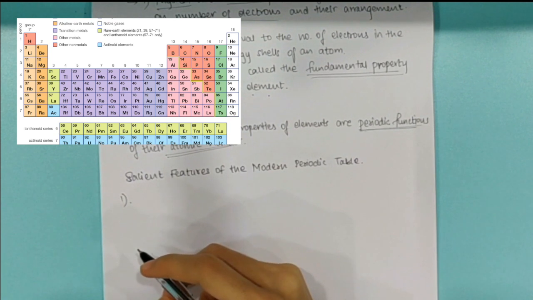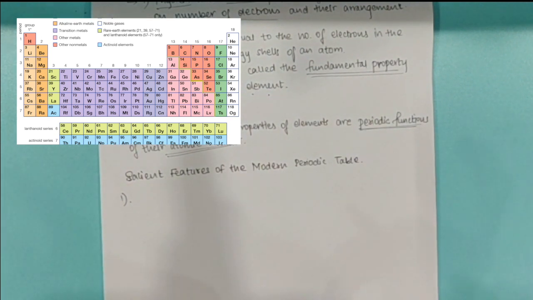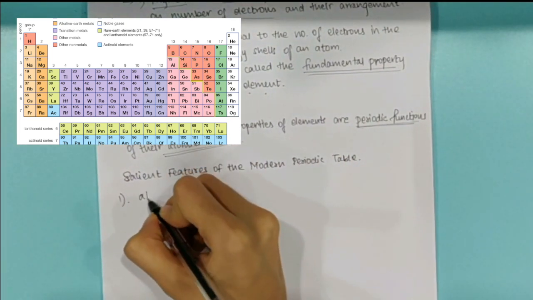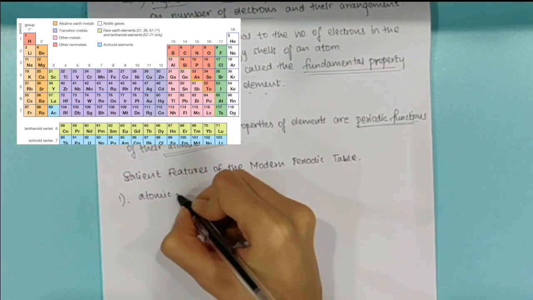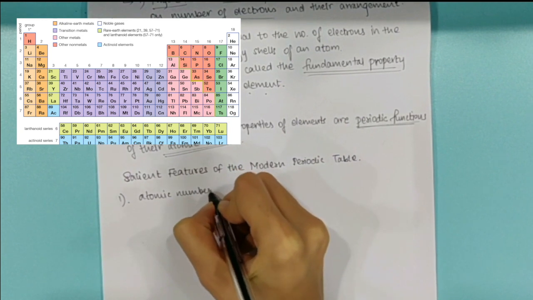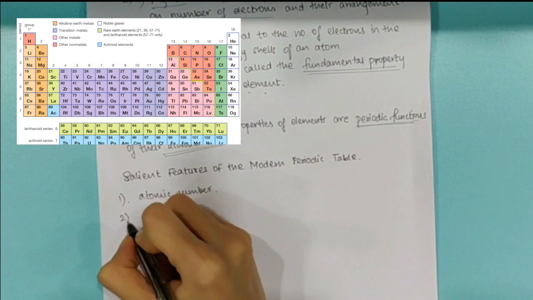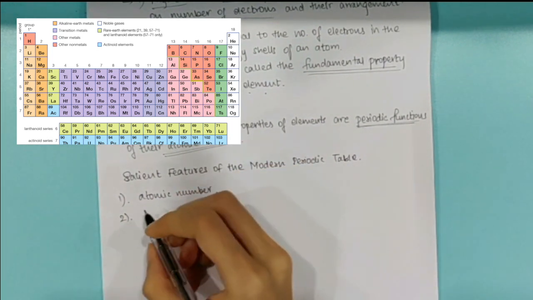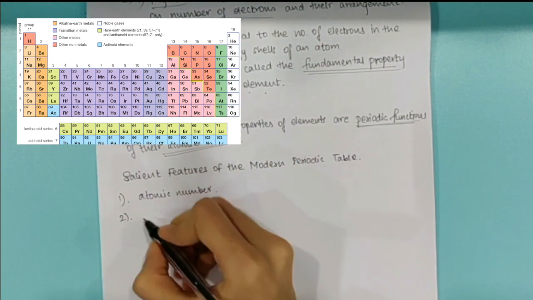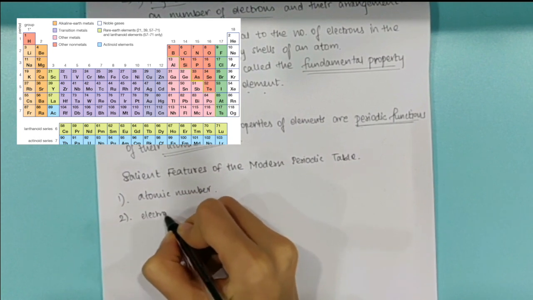So there are some salient features of the modern periodic table. Starting with the first one, the periodic table is based on one fundamental property, that is the atomic number. Second one, the position of the elements depends upon the electronic configuration.